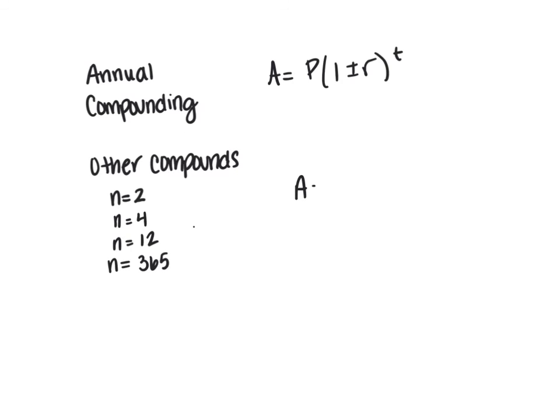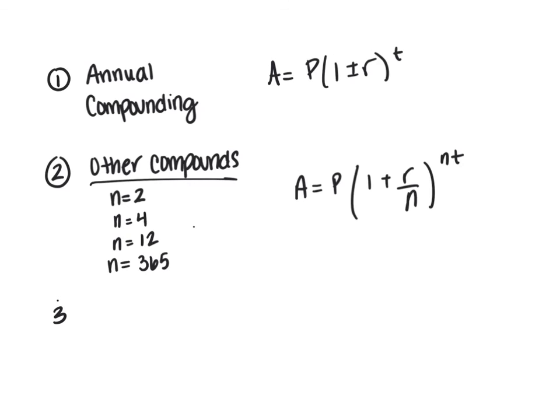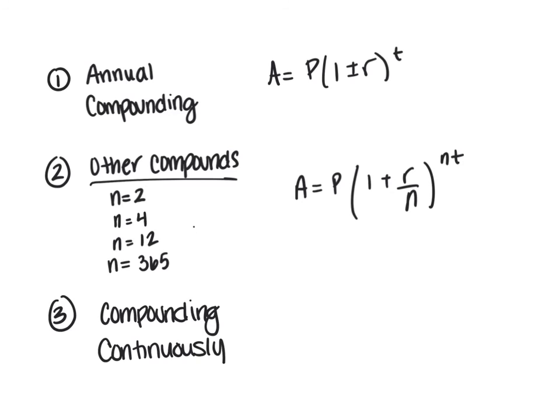So we would use those formulas for those types of compounds. So that's category 1, category 2, and then the third category is if I talk to you about something compounding continuously, we use the formula A equals PE to the RT.